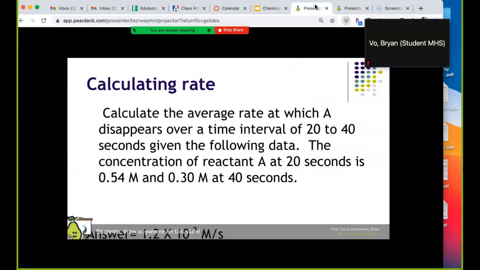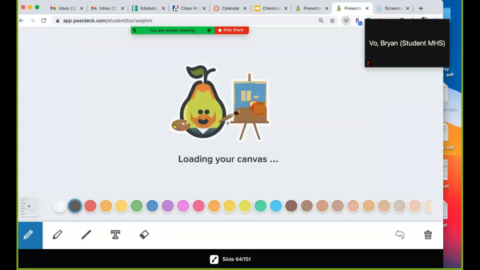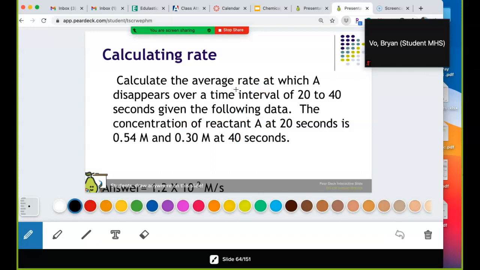So we're going to do a practice run first, where we're going to calculate the average rate. Now remember, rate means change in concentration, and this problem is focusing on some substance A, over change in time. That's what this word means, this whole term. And then I give you some data of a certain amount of time.